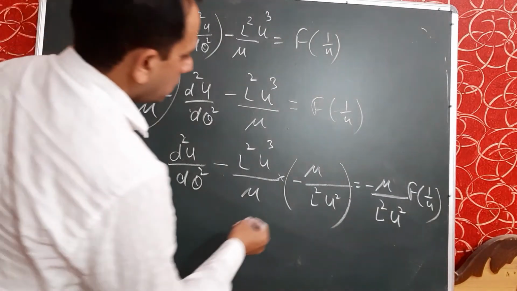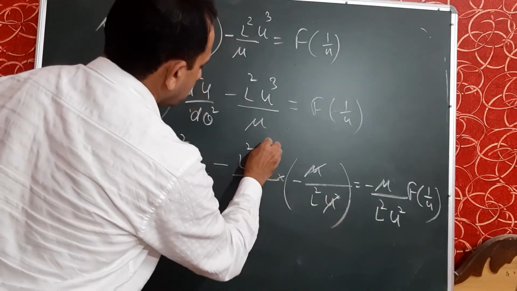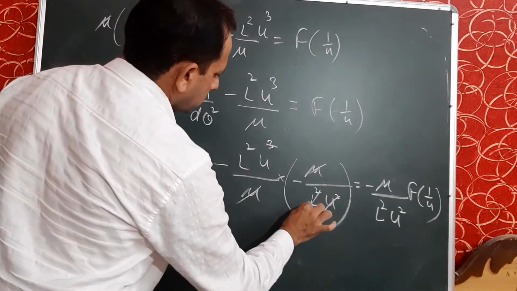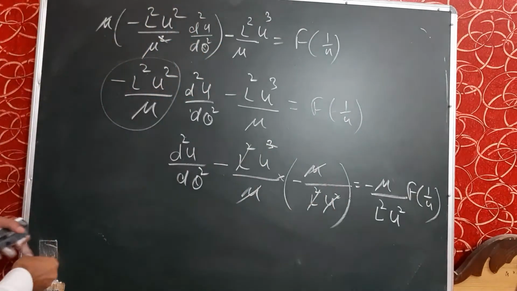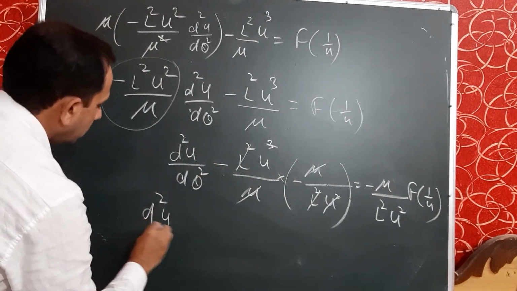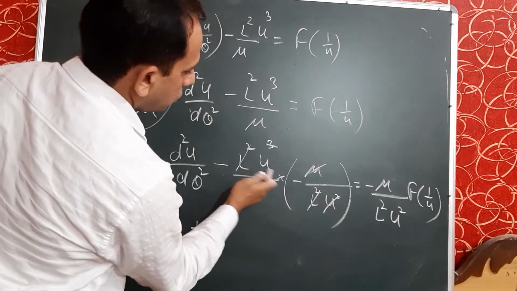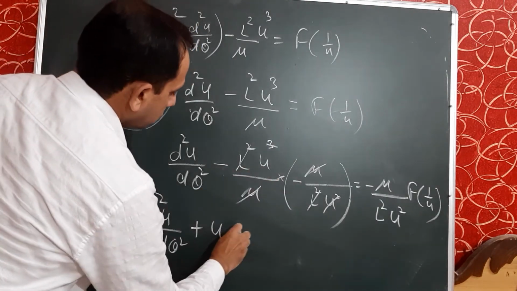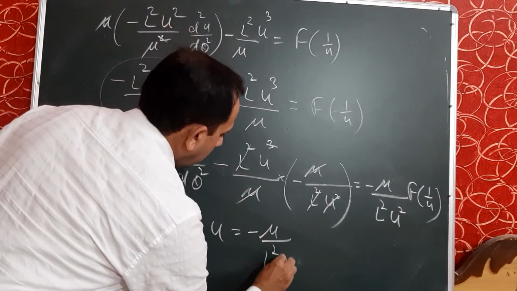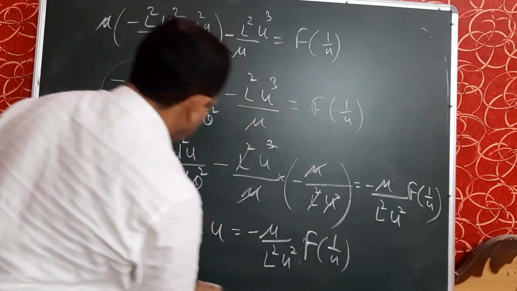So this mu will cancel with mu, and u square with u cube, the remaining term is u, and this L square is cancelled out with L square, and minus into minus gives plus, so it will become d square u upon d theta square plus u is equal to minus mu over L square u square into f of 1 by u.